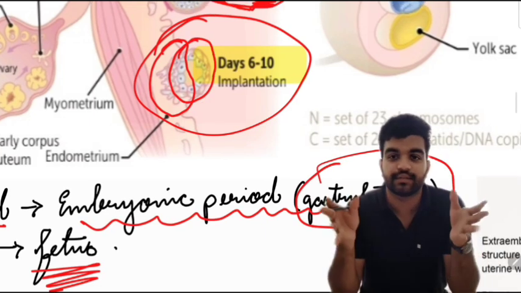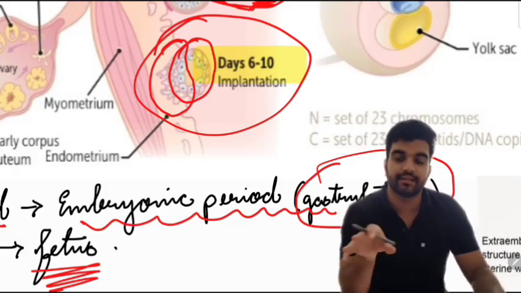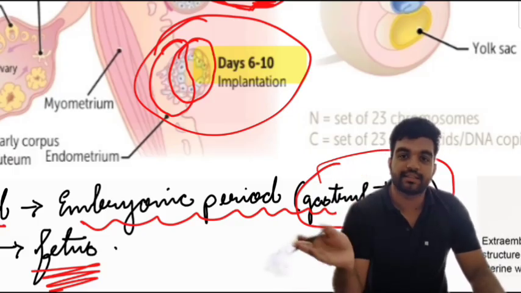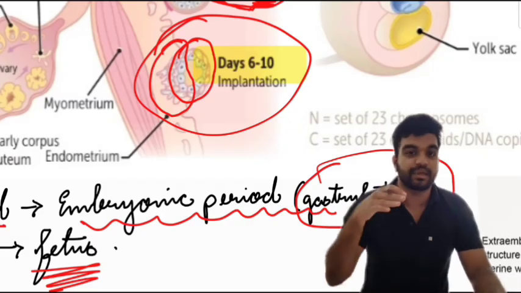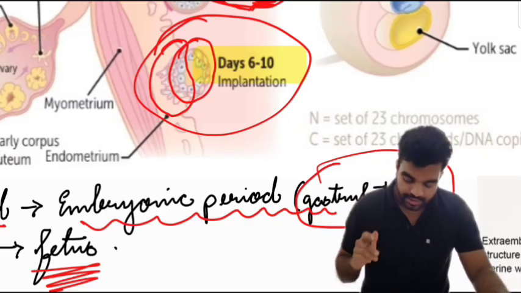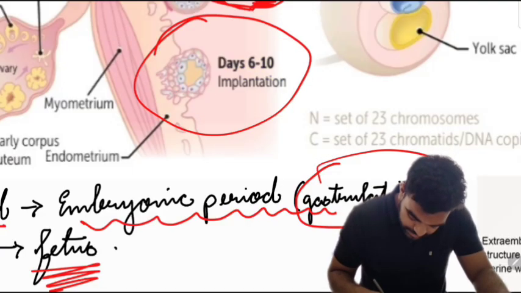Okay, so don't confuse why is he not discussing the formation of this trophoblast and etc. I'll tell you a little about it, but more about it in the discussion about obstetrics and gynecology, because there itself I'll be discussing the clinical significance of these things also. So focus only on the particular stuff of the zygote. Okay.